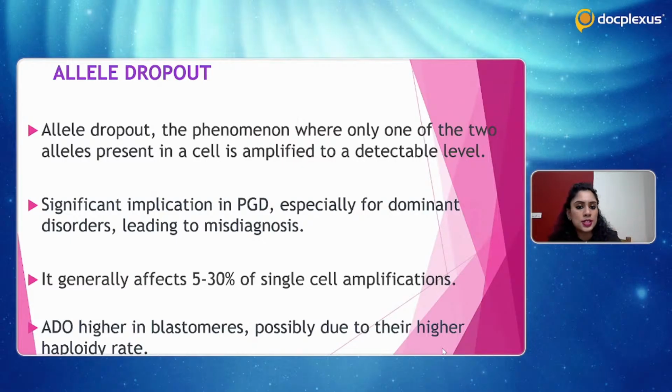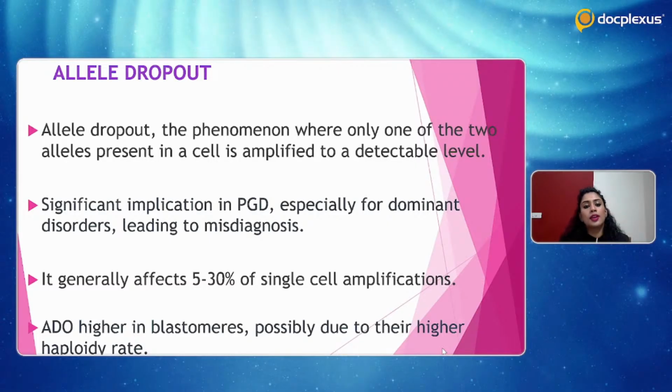There may be two alleles which need to be amplified, but only one of them is amplified to a detectable level. This has significant implications in PGD, especially for dominant disorders, and will lead to misdiagnosis because one of the alleles is not being detected at all.